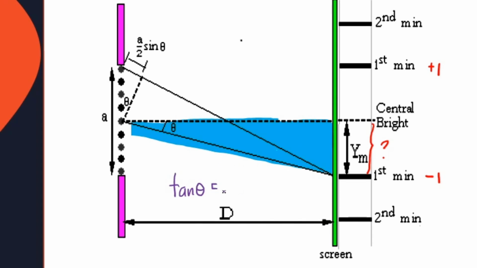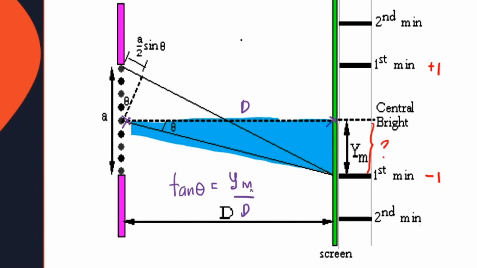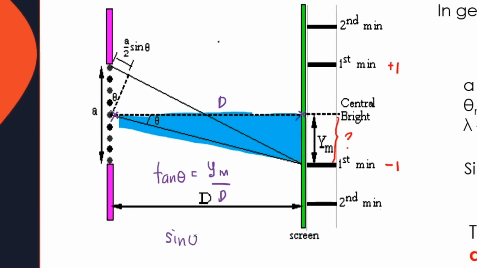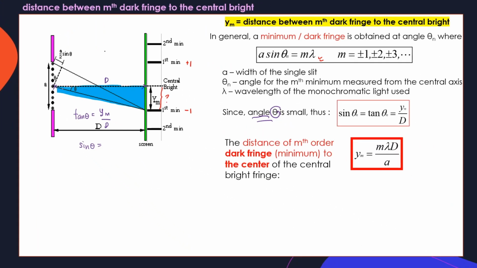Looking at this triangle, tangent theta is equal to Y_m over D, where from here to here is D. Since the angle theta is very, very small, if this angle is very small, the hypotenuse is close to the value of D. So we can also write sine theta is equal to tangent theta.